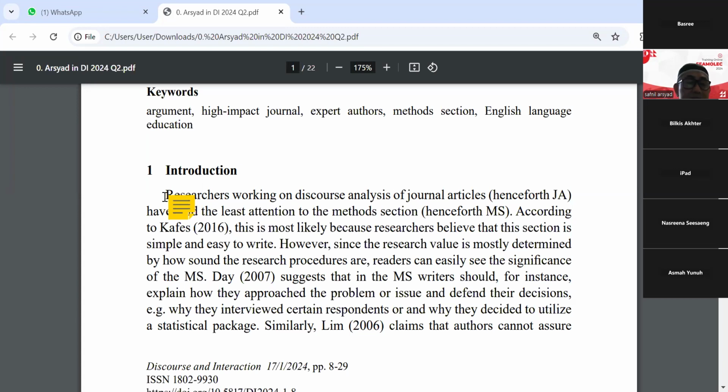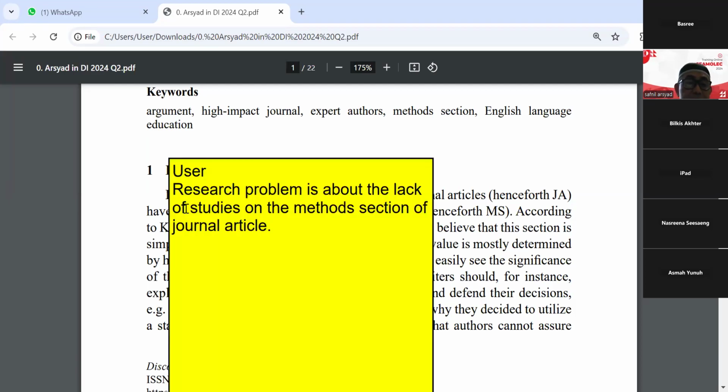So this is a research problem in the first paragraph.